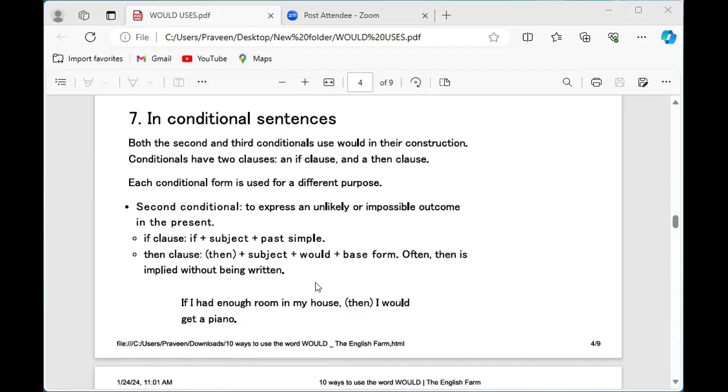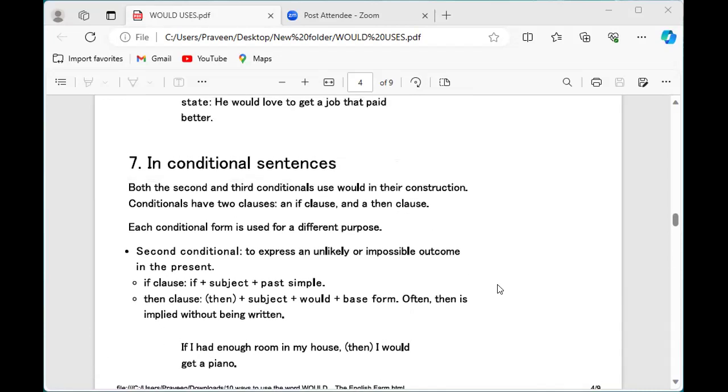In conditional sentences, we talk like this: if I had enough money, if I had studied well, then I would have got good marks. That is how we say it. If I had enough money, I would get a house, or I would get a beautiful dress. That is how we can form sentences. These are all conditionals.